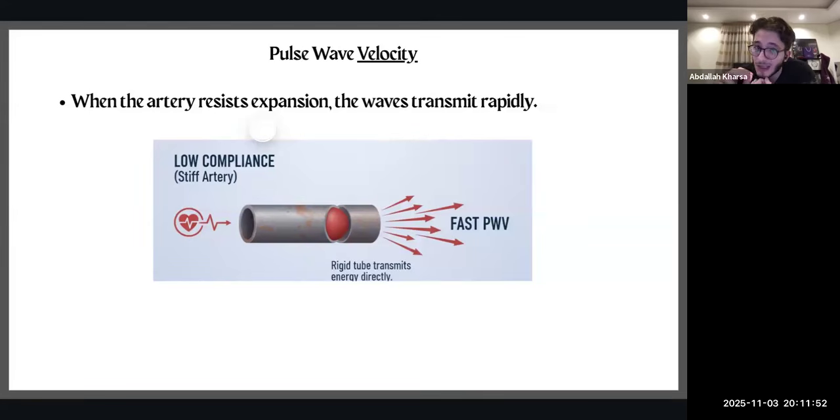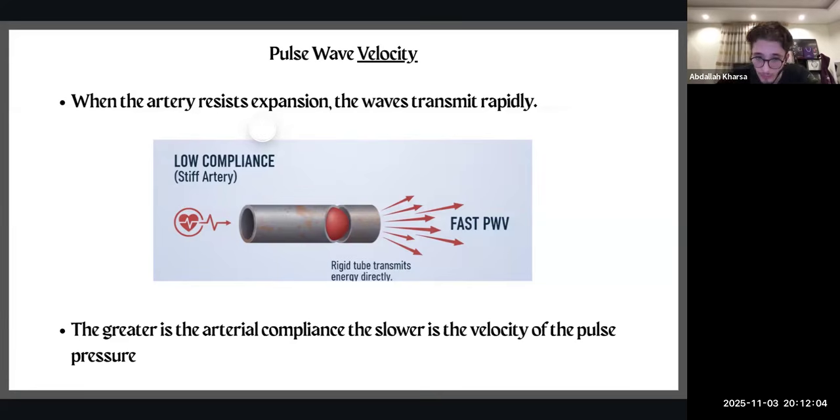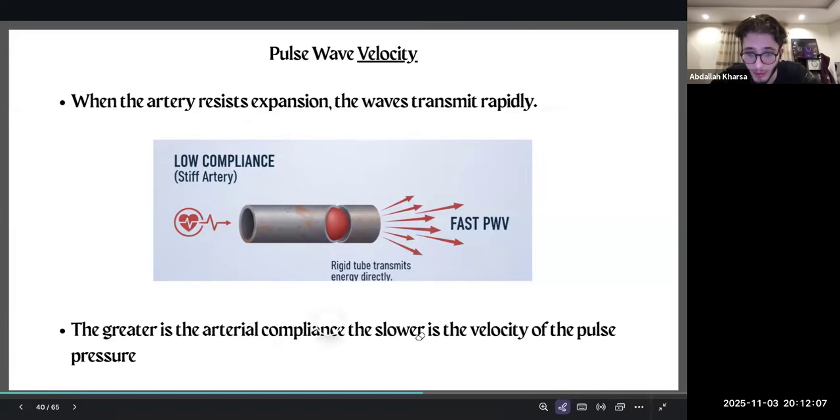You pick that it has lower compliance, because the vessel isn't accepting the blood as much. It's acting like a rigid tube, and the velocity is going to be higher. But the greater the arterial compliance, the slower the velocity of the pulse pressure. Is this clear?